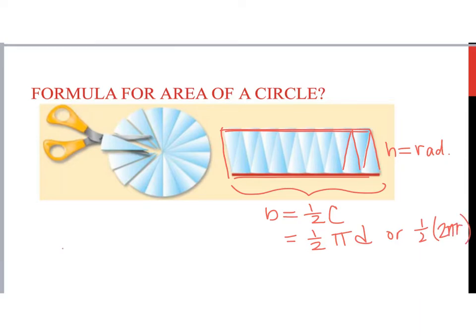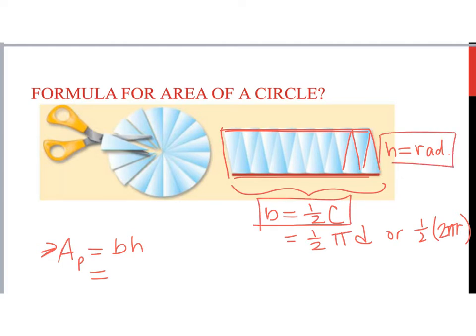So if we look at the area of a parallelogram, we know that the area of a parallelogram was base times height. So if I apply what I know for my base and my height, I have a base that is 1/2 times, and I'm actually going to use the 2 pi r because my height is in terms of radius, not diameter.